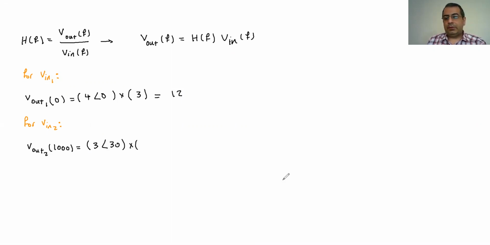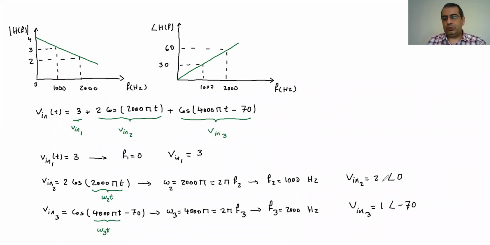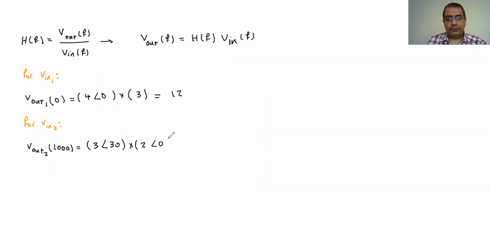And the input signal is 2 with an angle of 0. So if I multiply these two, 3 times 2 is going to be 6, and add the angle, which is going to be 60.